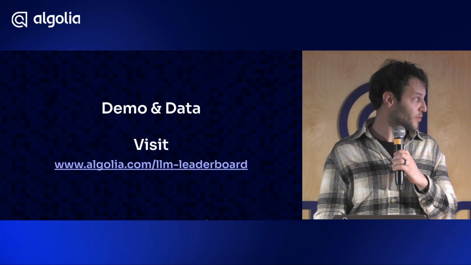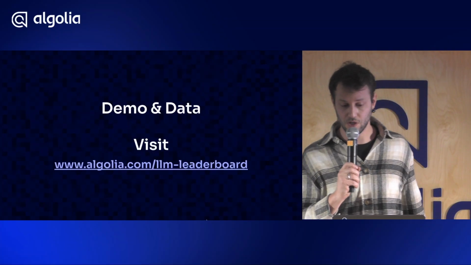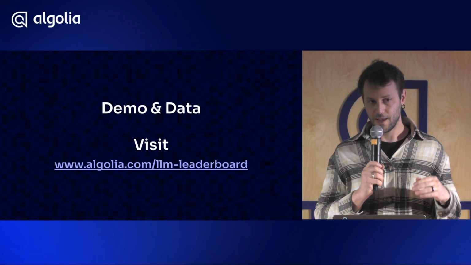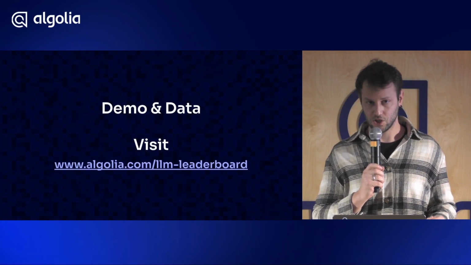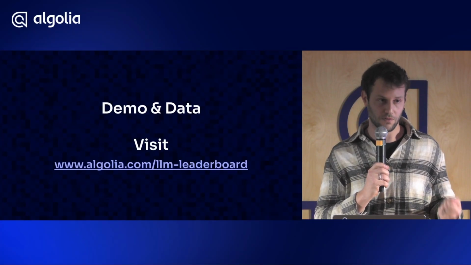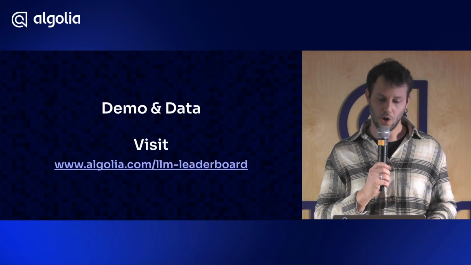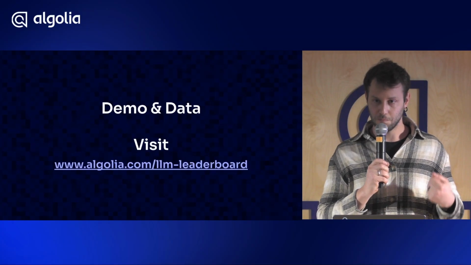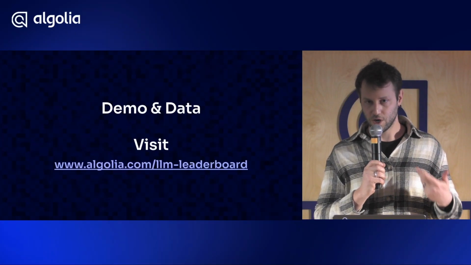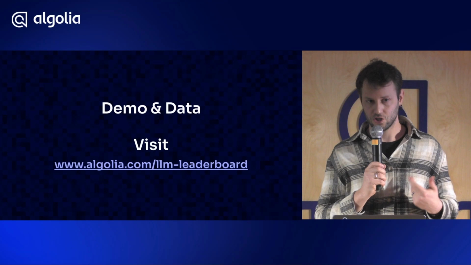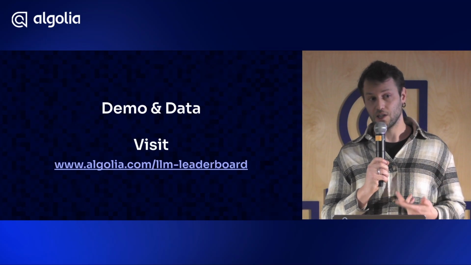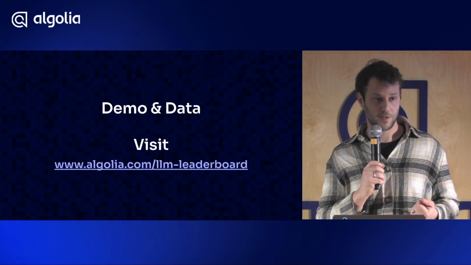I'm going to open it. Now it is publicly available as well. You can go to algolia.com/LLM leaderboard. And here is where our team, the research team, publishes results. Whenever there's a new model that comes out by a frontier model lab, we actually go and evaluate across a bunch of important criteria how these models are doing, because one of the top questions that we get from customers who are trying to build agentic search and discovery experiences is actually, which model should I use for my website, right?